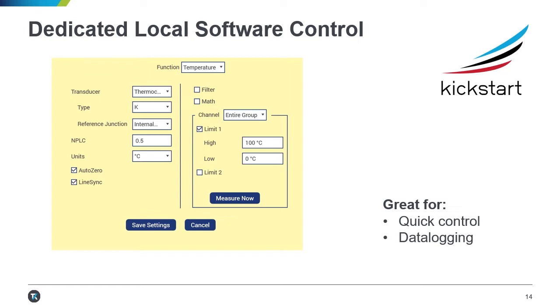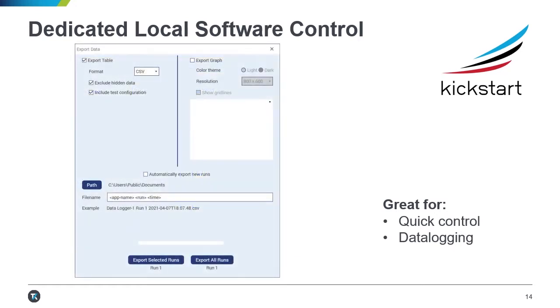And generally all of them share some of the same core features, like being able to control all the settings of an instrument through a nice user interface, and really easily store data after you've taken it. One thing that's nice about Kickstart is if we look at this export data panel, it has a number of different settings for exporting data as you are taking it.